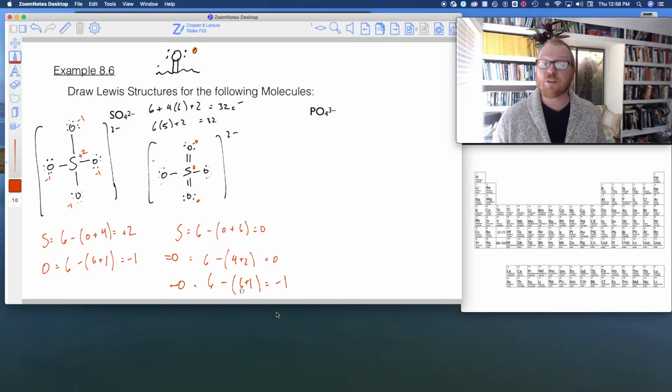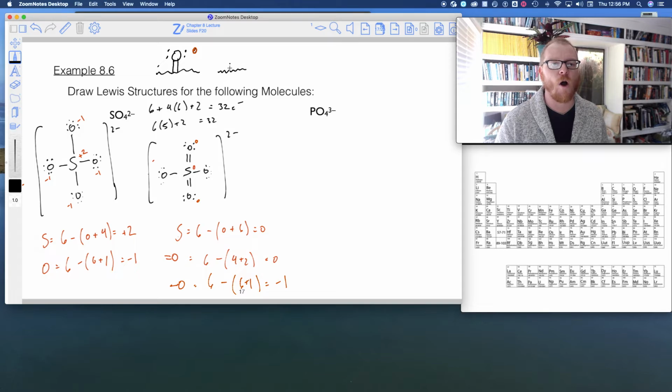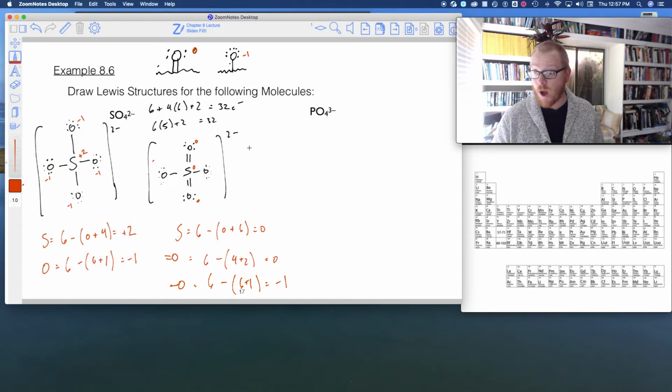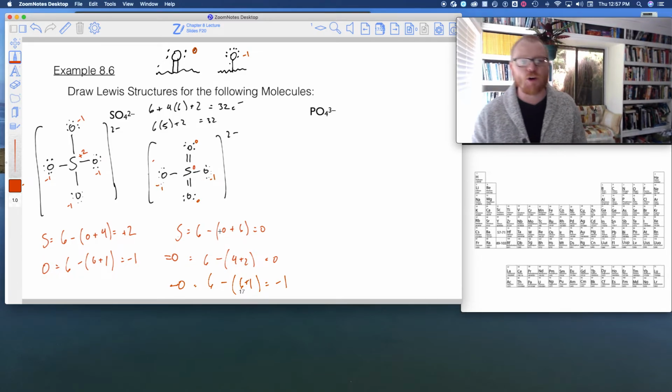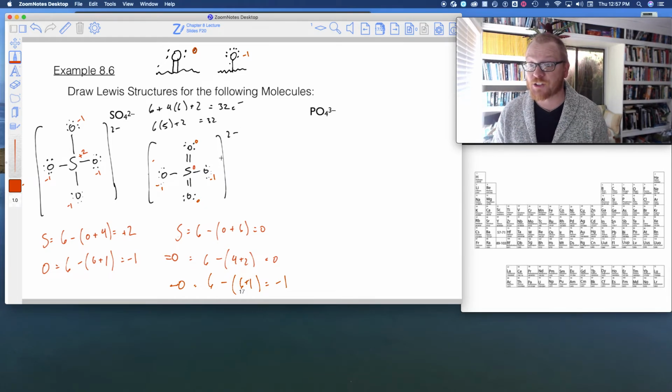So that's -1, which we came up with the same thing over here, right? So another good rule of thumb is all single bonded oxygens always have formal charges of -1. So now this has a -1, and this has a -1, and 0 plus 0 plus 0 plus -1 plus -1 will give me -2.